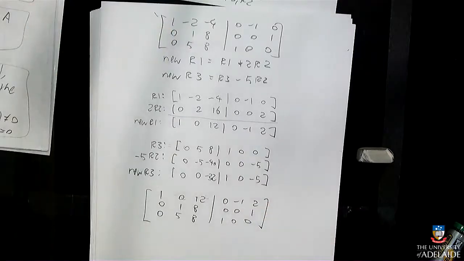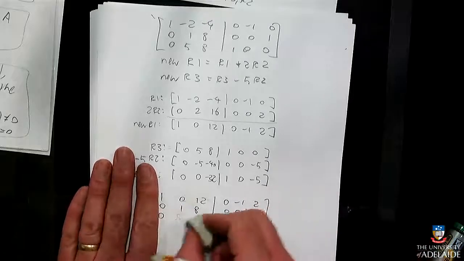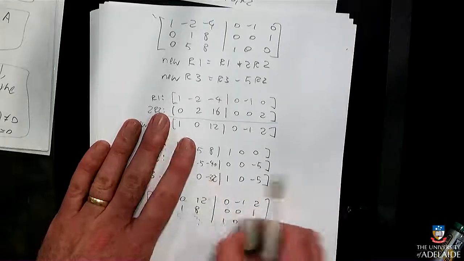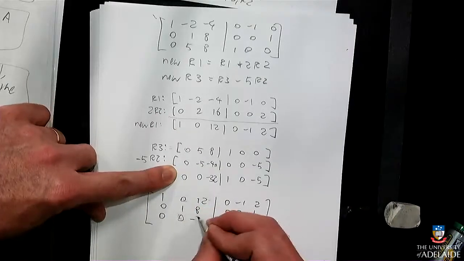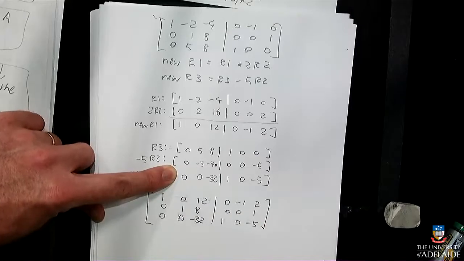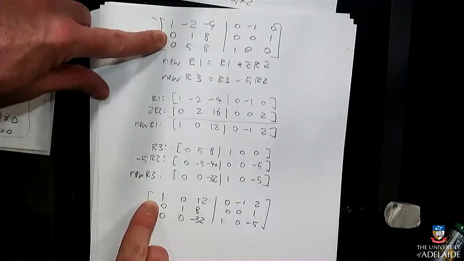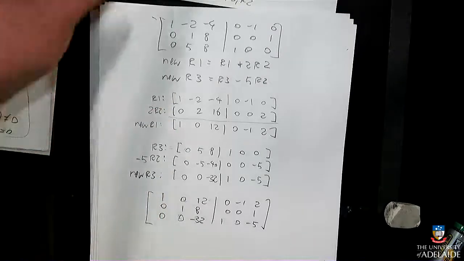Okay. Oh, this isn't a 0, 5. I just copied it again. What am I doing? This is the new row 3. 0, 0, negative 32, 1, 0, negative 5. Just let me check. Yes. Okay.